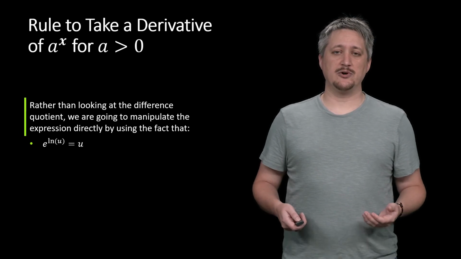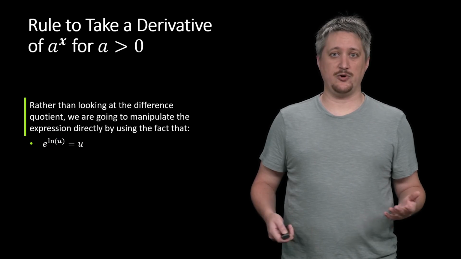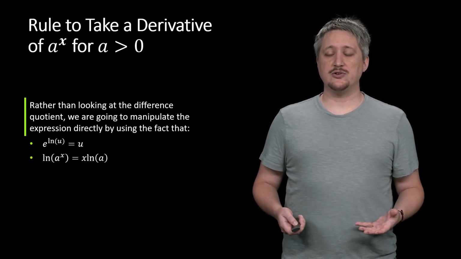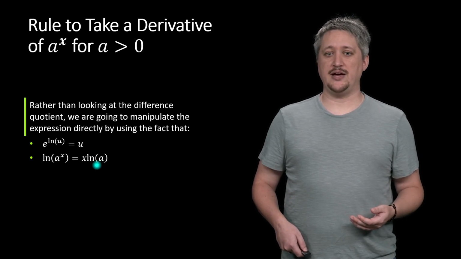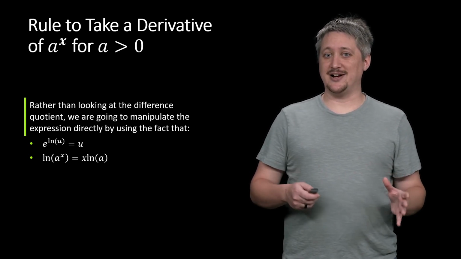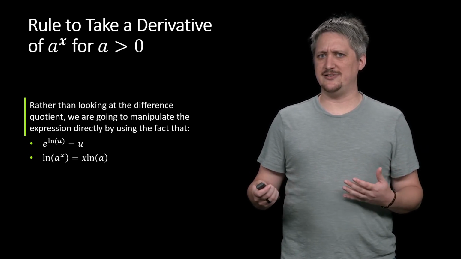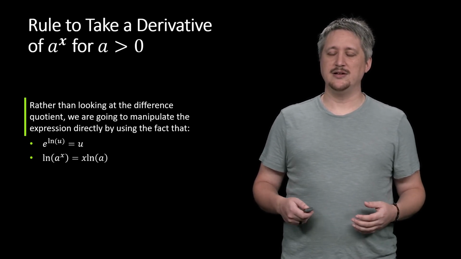So in particular, we're going to use the property that e to the natural log of something is just that something. The e and natural log cancel each other out. That's the whole point. We're also going to use the fact that natural log of a to the x is x times natural log of a. Again, very important here that a is a constant, because we haven't actually discussed how to deal with natural logs from a derivative standpoint yet.